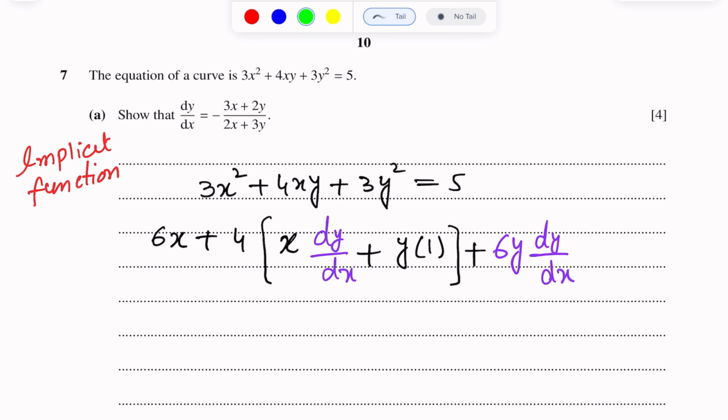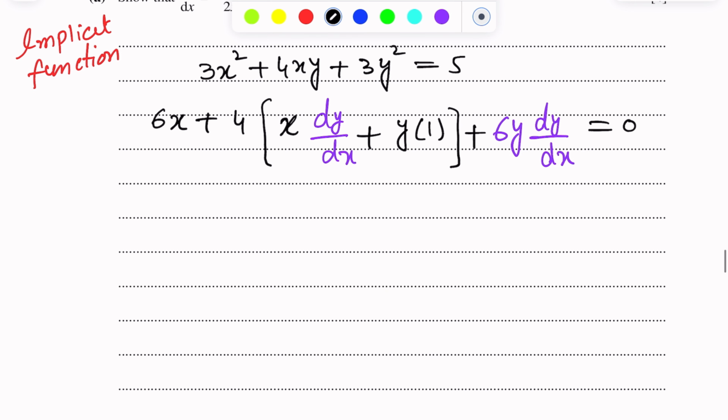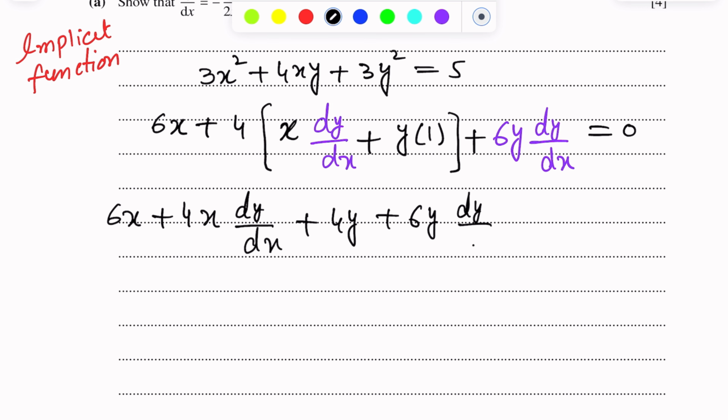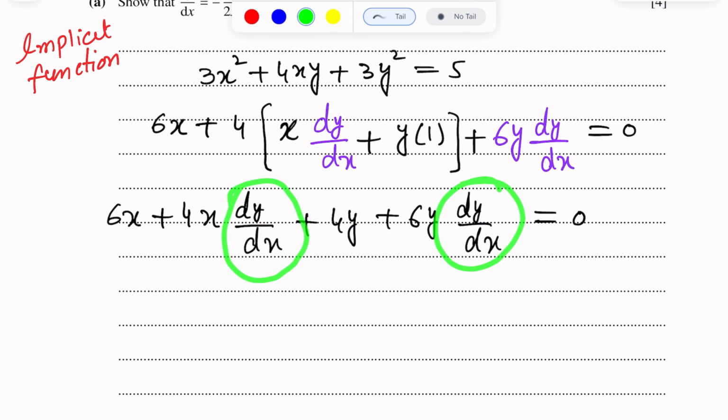On the right hand side the term is constant, so the differentiation is 0. From here, first we simplify it. 6x plus 4x dy over dx plus 4y plus 6y dy over dx is equal to 0.